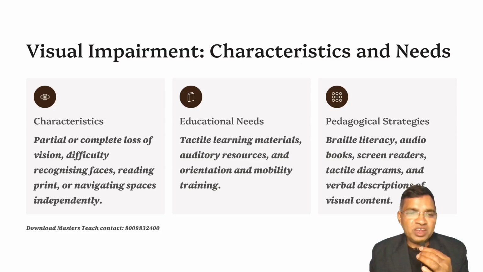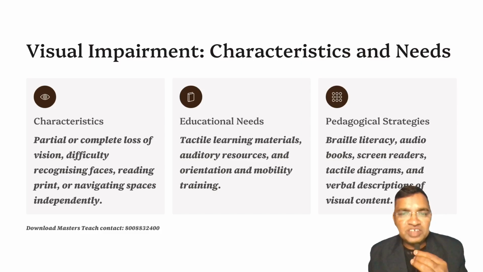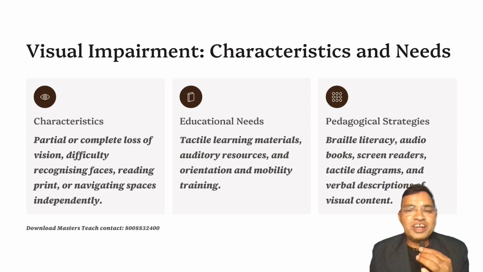So there is a difficulty in vision. So what are the educational needs? They need a special type of material, that is tactile learning materials, auditory resources, and orientation and mobility training.